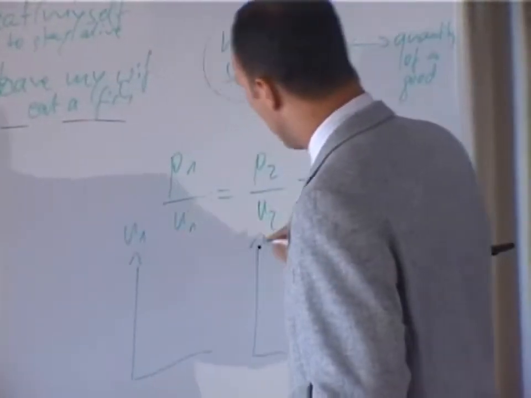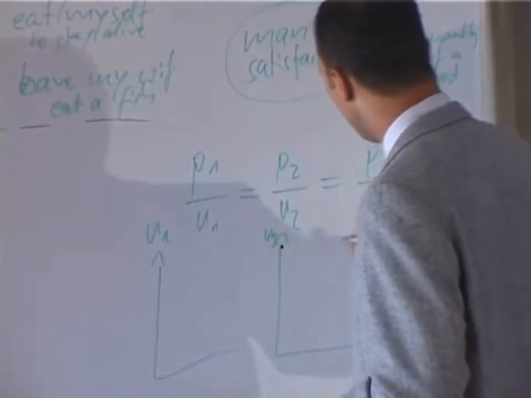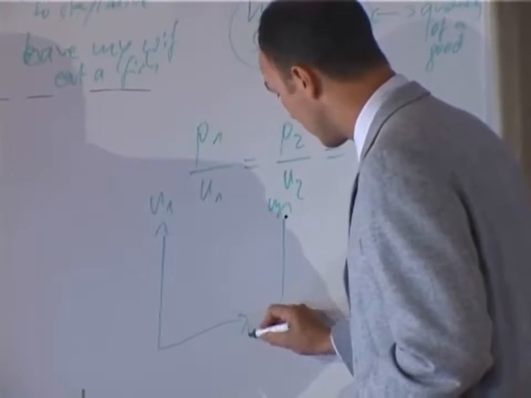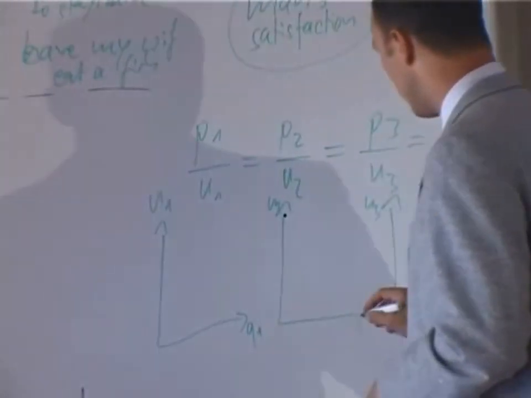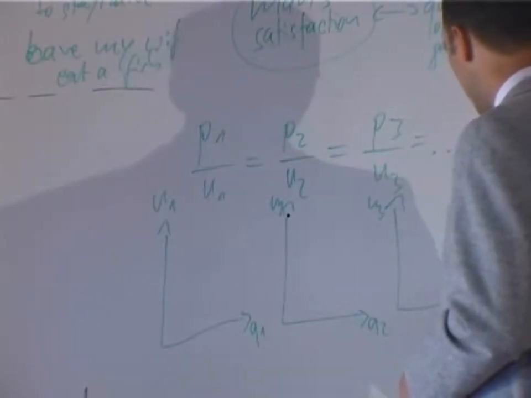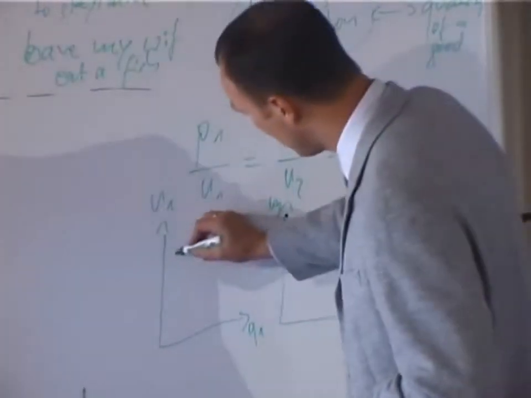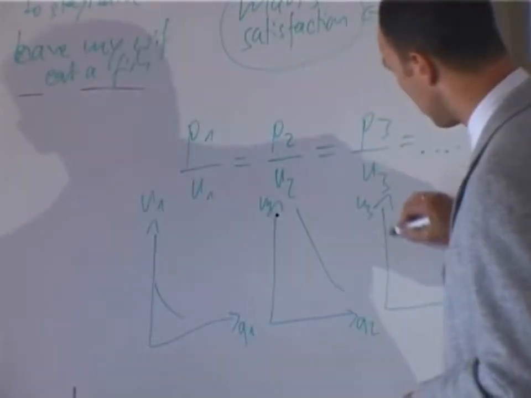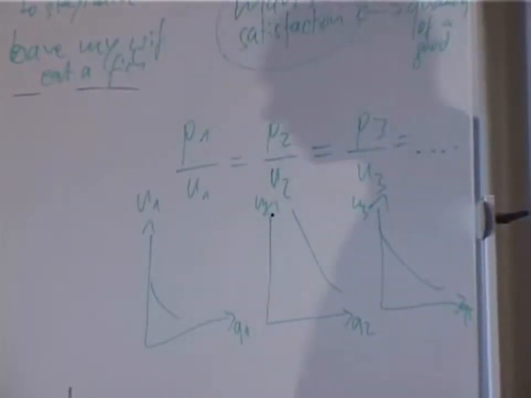We have here the utility of 1, utility 2, utility 3, and here we have the quantity of 1, quantity 2, quantity 3. And now we might have different utility curves here. Right?